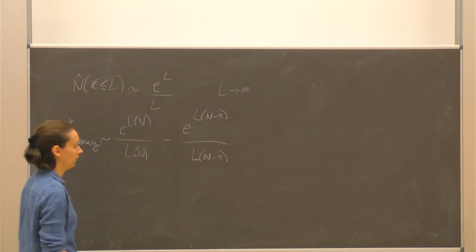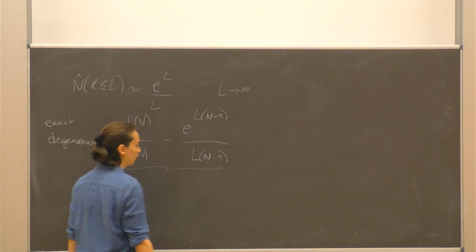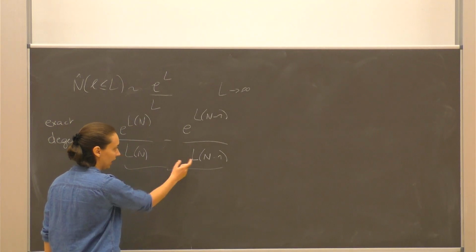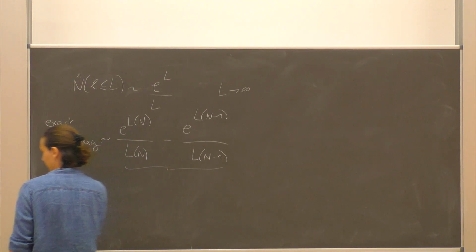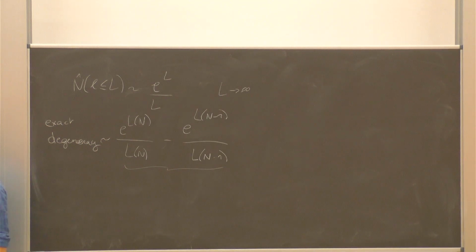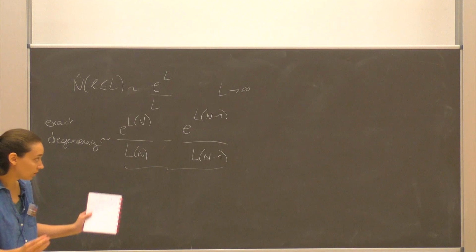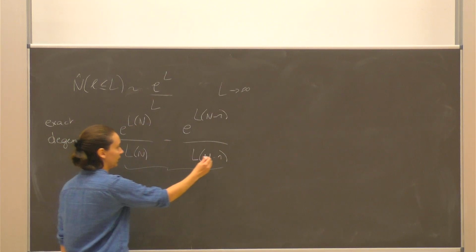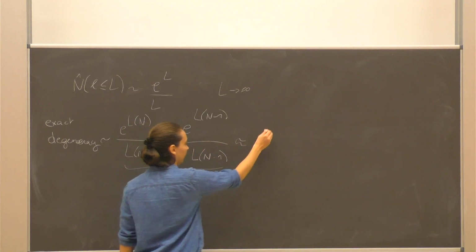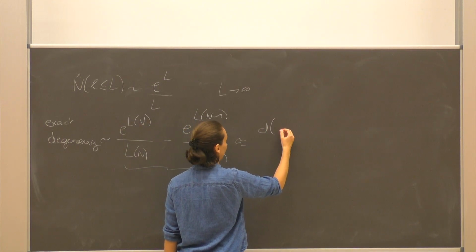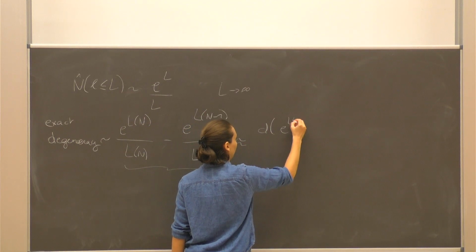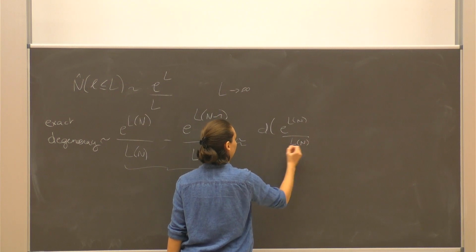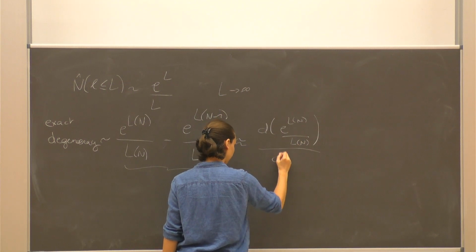So to compute this, because at large n the different L's will be super close by, which you can see by just plotting this function as a function of integer n's, the L's will be lumped together in some exponential way. And hence you can approximate this basically by the derivative of e to the L n over L n by the n.